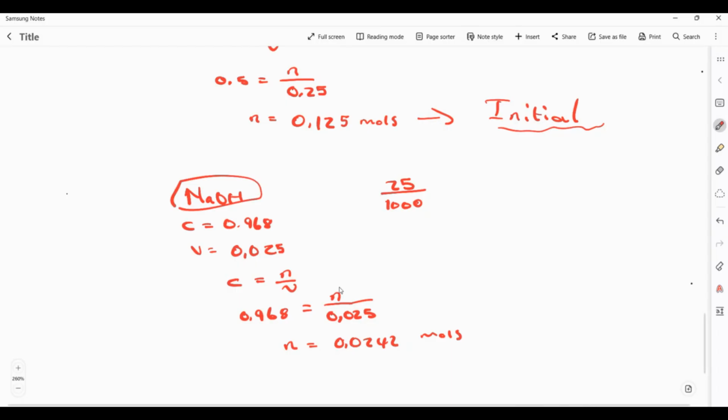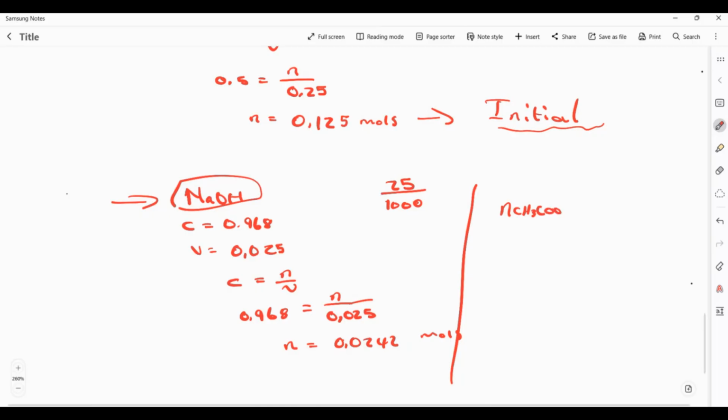That base, NaOH, has reacted with acetic acid in the second reaction. Now, what you need to do is find the number of moles of your acetic acid that reacted with the base. The way you do it, to find the number of moles of acetic acid that reacted with sodium hydroxide, you must use the mole ratio.